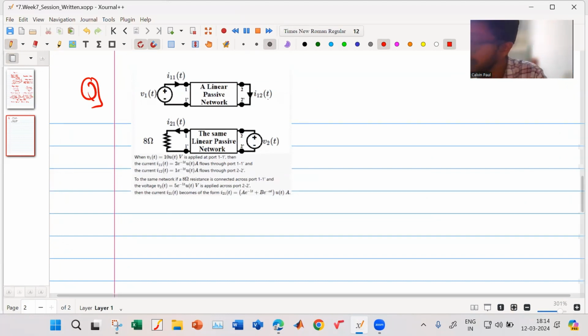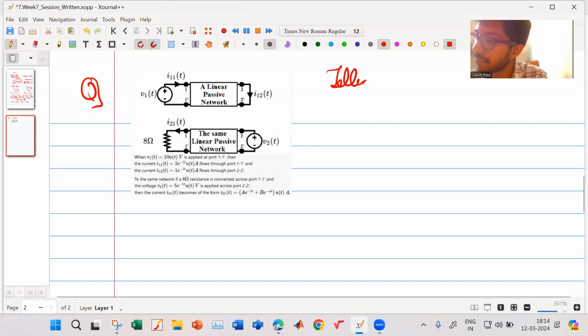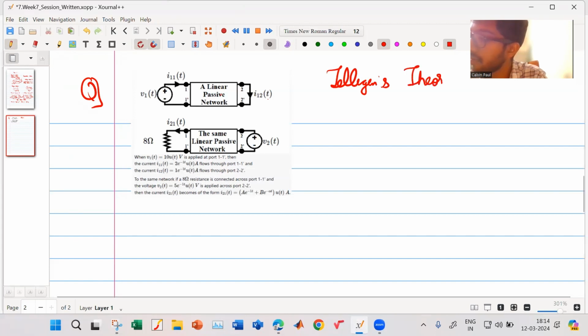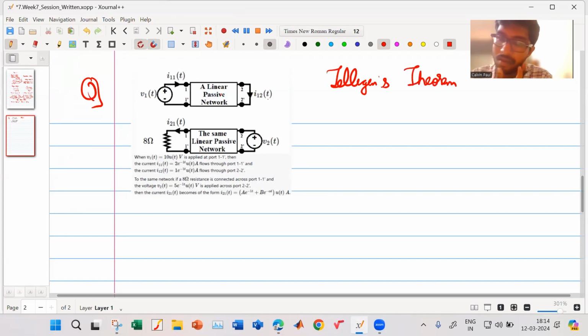So there is a linear passive network and there's the same linear passive network. If it is a linear passive network and it is the same thing, then we can apply Tellegen's theorem. So in this question, we will apply Tellegen's theorem. Now, what is V1(t)?